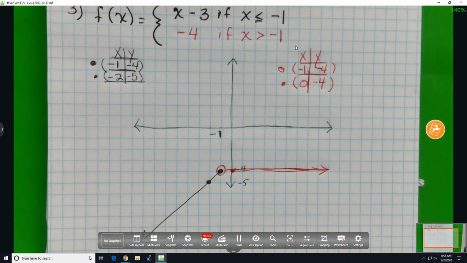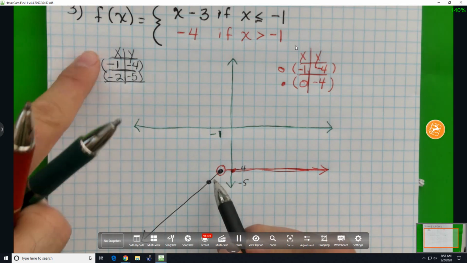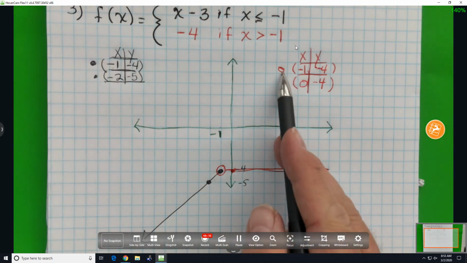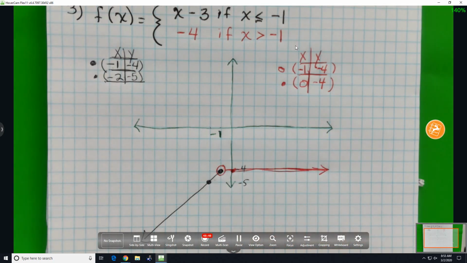By using the different colors, I can show the black graph has the closed circle, the red graph has the open, but you don't see it in different colors when you look at the answer choices. So when there's an open and closed circle at the same spot, it just shows a closed circle.